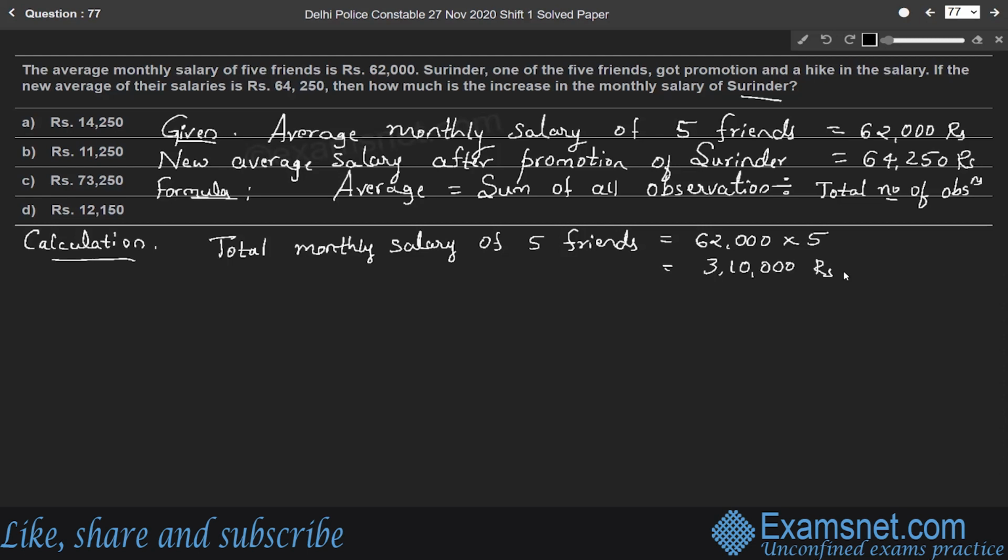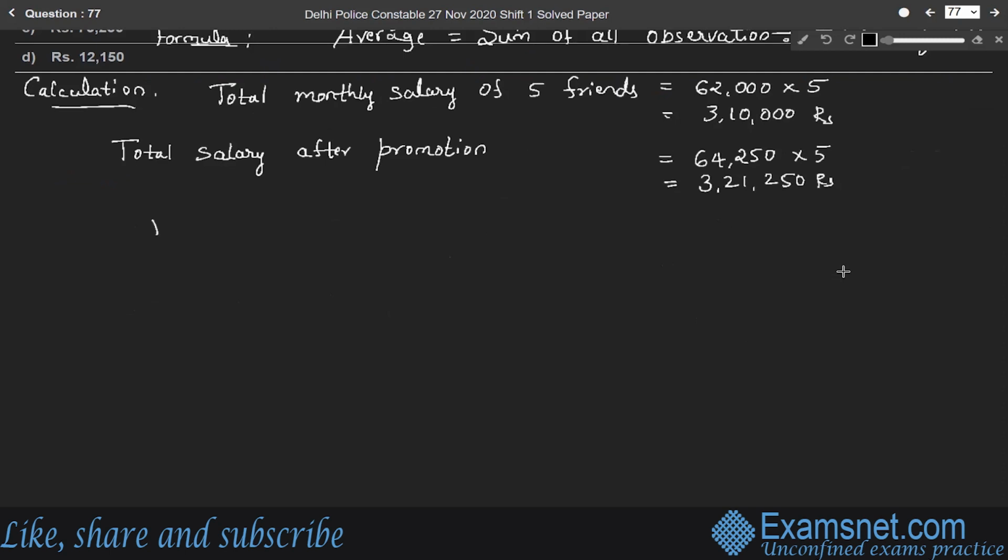So the total salary after the promotion: the number of friends is 5, and after promotion the average salary is 64,250. Therefore it is 3,21,250 rupees.